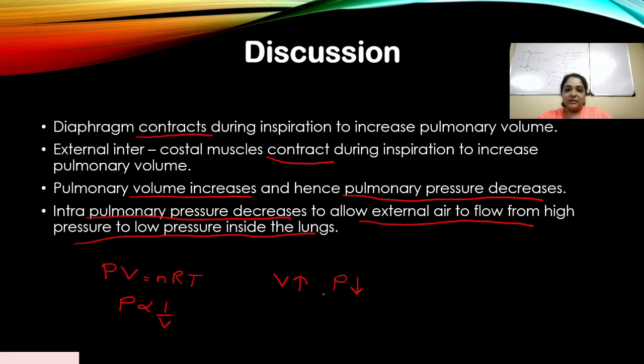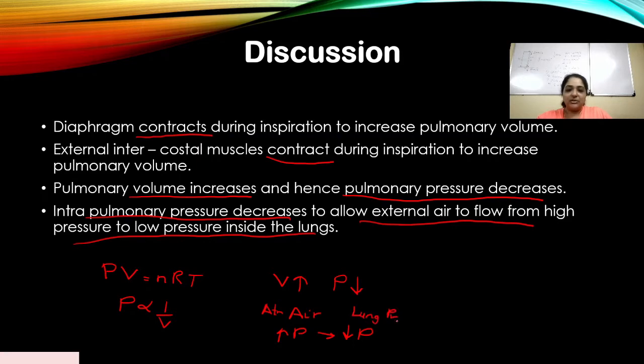Now once the pulmonary pressure inside the lungs decreases, air will move from the atmosphere, which is high pressure, to low pressure. The atmospheric air, this ATM, is high pressure, and the lung pressure is lower than the atmospheric pressure.